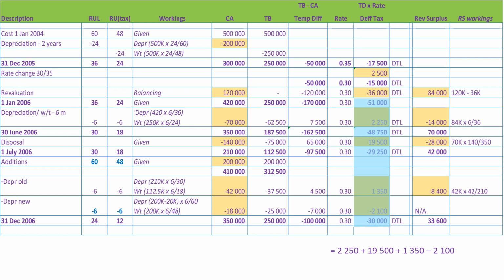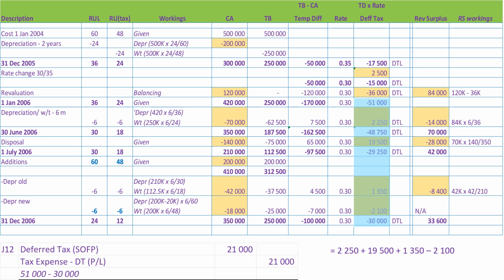So you sum 2,250 plus 19,500 plus 1,350 minus 2,100 to give you your journal. The other option is to simply take your opening of 51,000 and subtract your closing of 30,000. Bear in mind that you're crediting deferred tax, profit or loss, of 21,000.